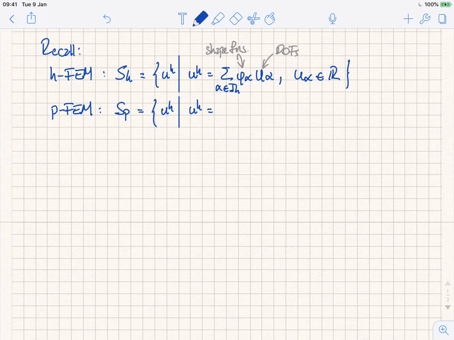So let's write this in a nice way. Let's keep the same notation to specify the linear component. So this for me is going to be the standard linear FEM. And then let's add something that is non-linear.